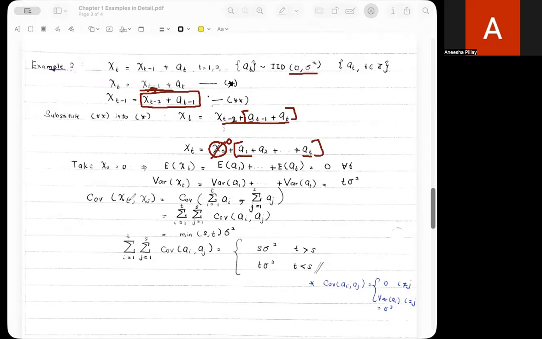Okay, so to check whether it's weakly stationary, we need to ensure that your mean is constant and your covariance does not depend on your time, right? So when you find the expectation, I think by now you should be able to do this. This whole thing will be equal to 0.